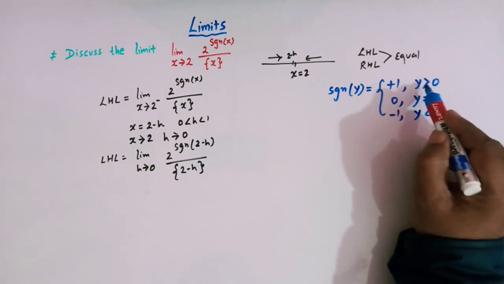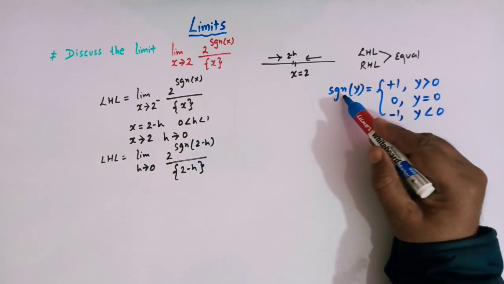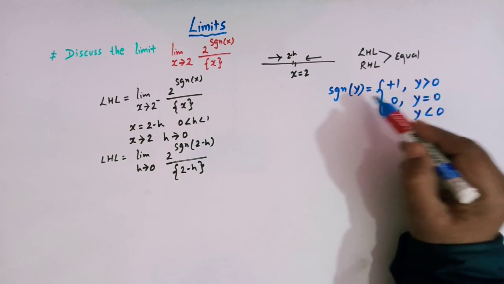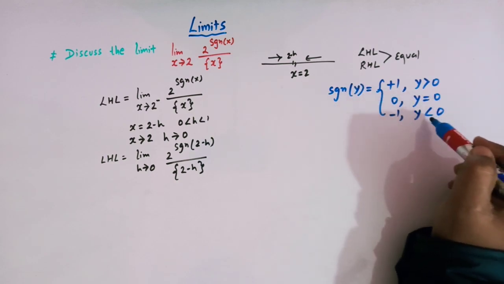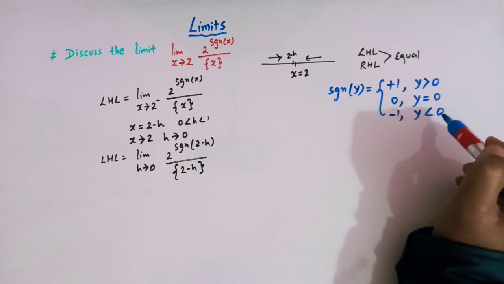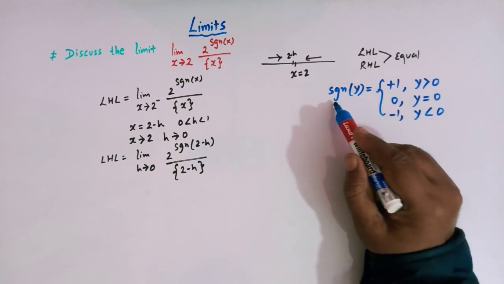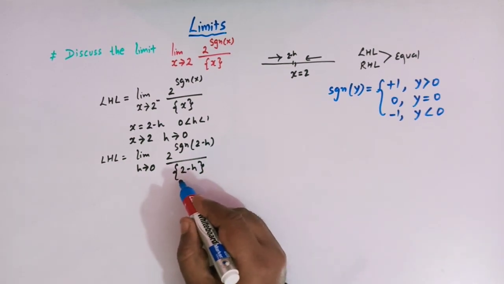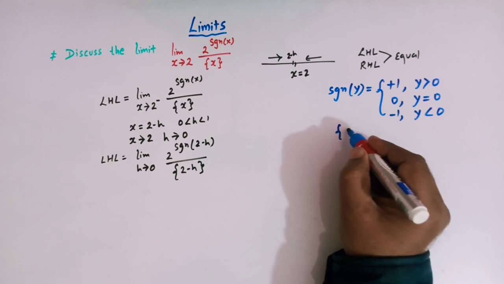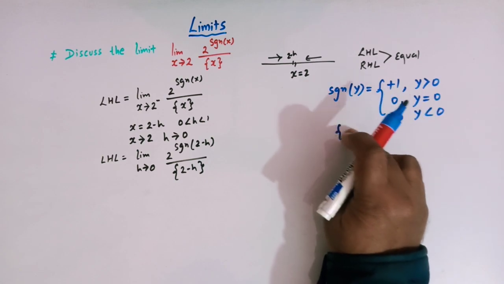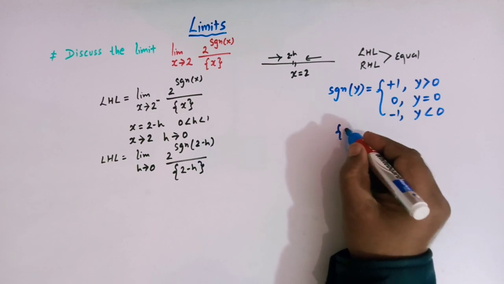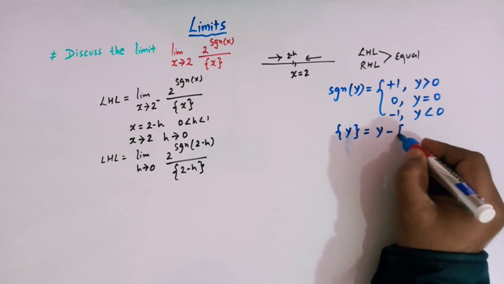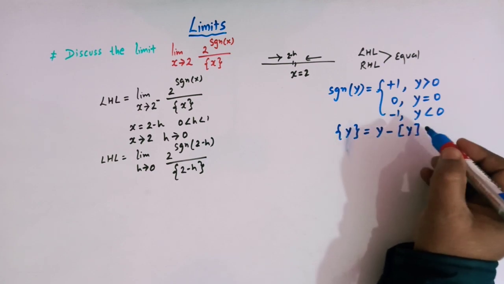So for all positive values of y, signum of y is plus 1, and for all negative real numbers, signum of y is minus 1. Similarly, the fractional part of y is defined as y minus greatest integer of y.